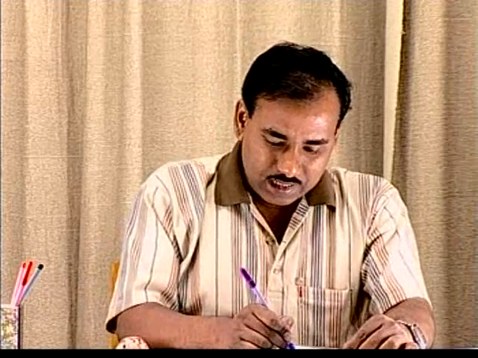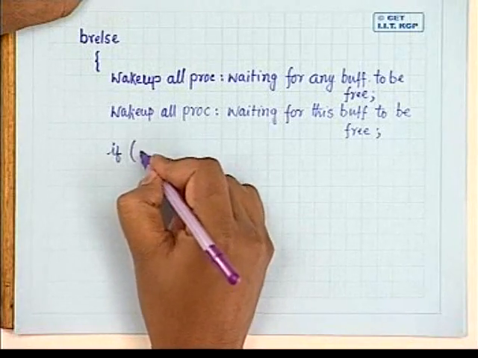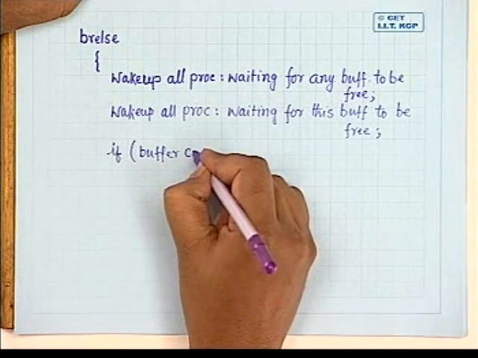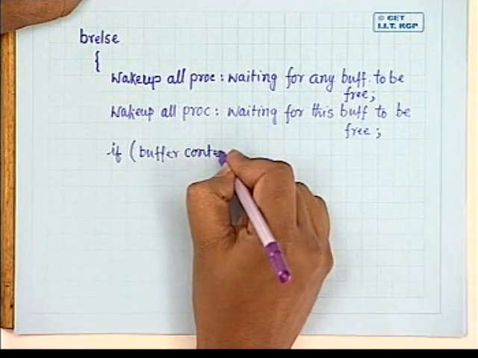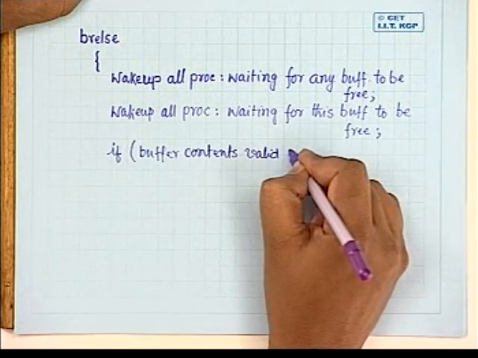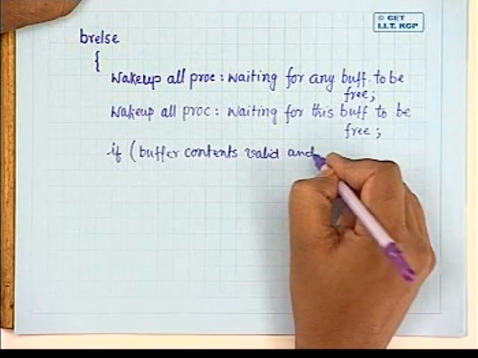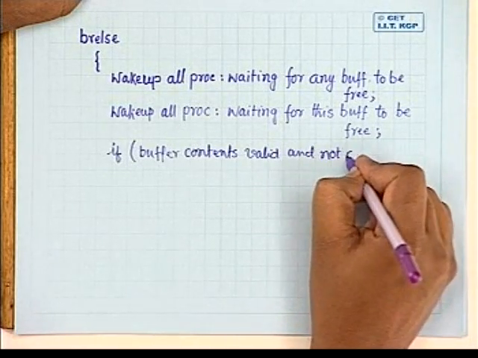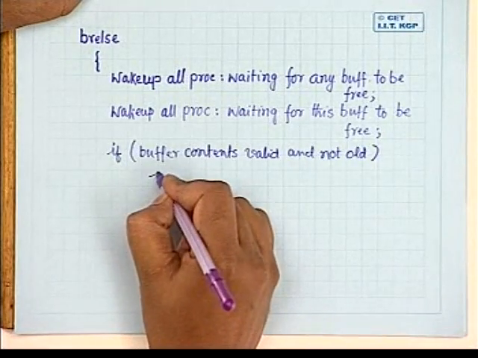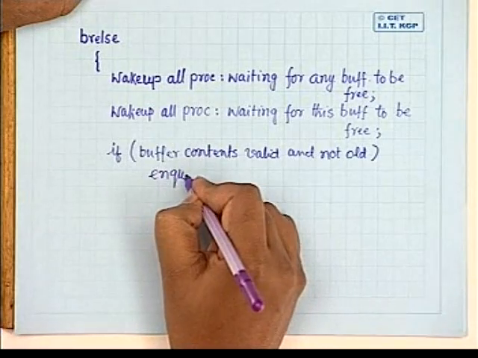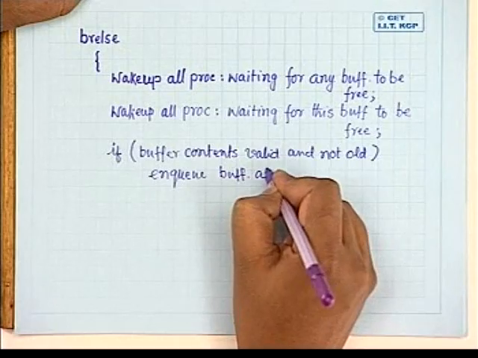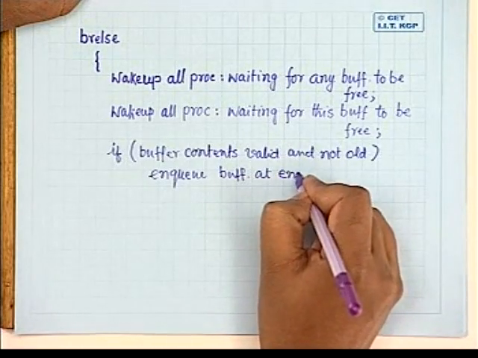So we can check the condition: if buffer contains valid and not old data, then enqueue the buffer at the end of the free list.